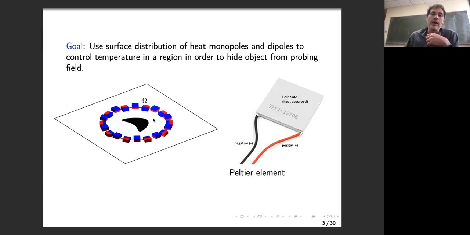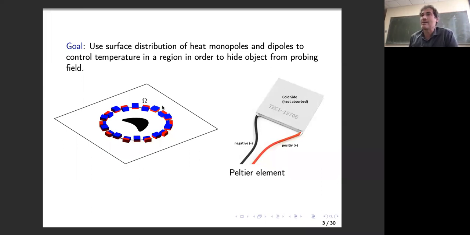So I have two kinds of Peltier devices in here. I have some that will transport heat across the plate, as I'm thinking of this domain omega to live in some plate. And there are some devices that will bring in heat or take out heat from the plate to some exterior domain.